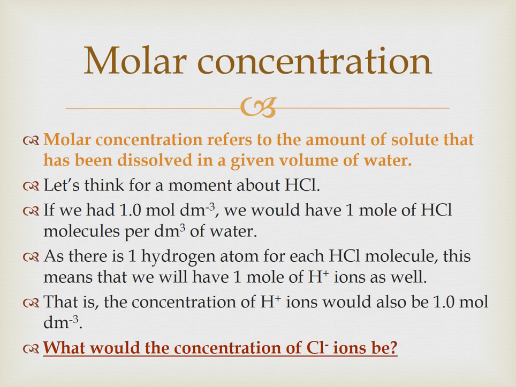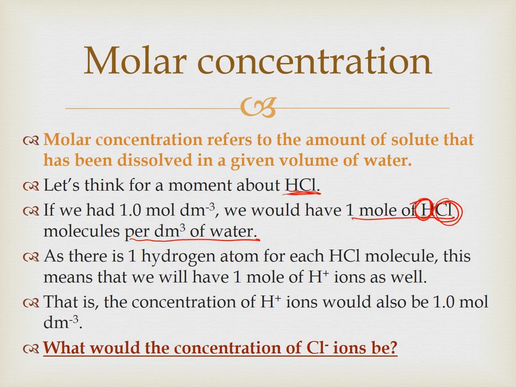Okay, so molar concentration refers to the amount of solute that has been dissolved in a given volume of water, so the amount of stuff in a given volume. Okay, and it's important to remember what that means: if we have 1 mole per decimeter cubed of HCl, we have 1 mole of HCl molecules per decimeter cubed of water, but because this has got 1 hydrogen, it would be 1 mole of hydrogen ions and 1 mole of chloride ions.